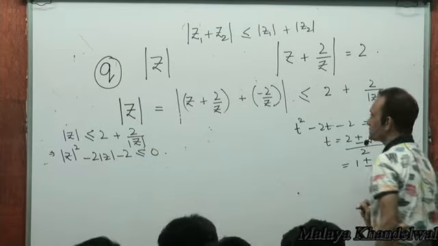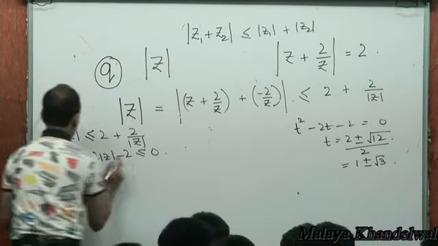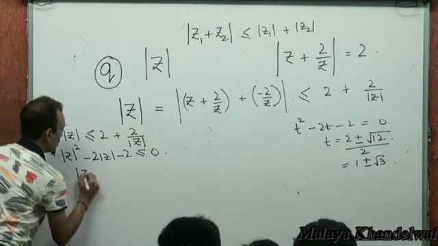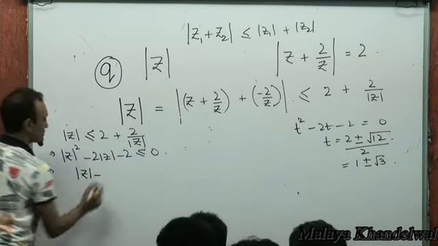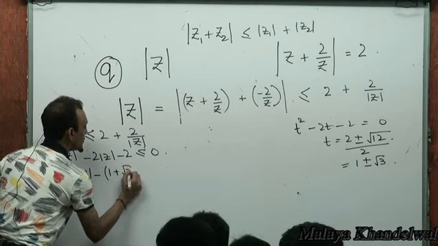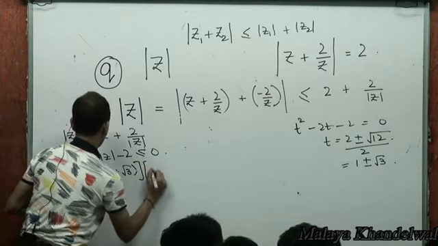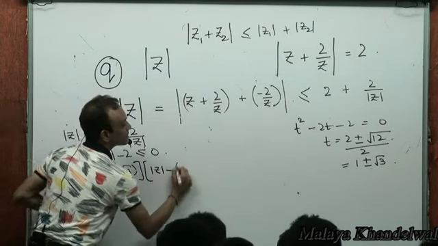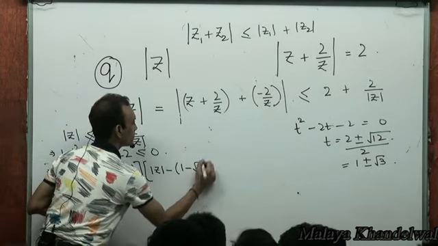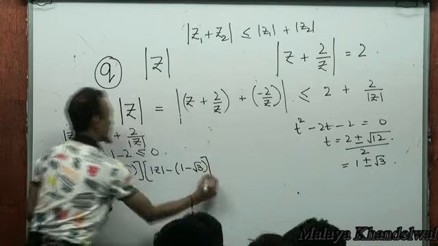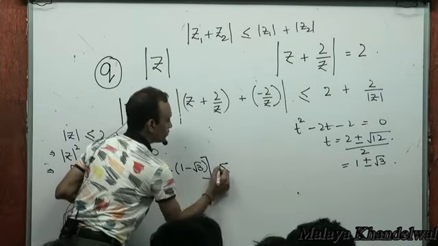These will be the roots. So if I have to factorize this, it's going to be mod of z minus 1 plus root 3 into mod of z minus 1 minus root 3 less than or equal to 0.